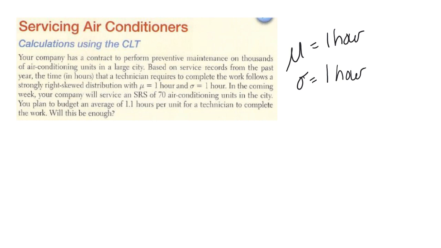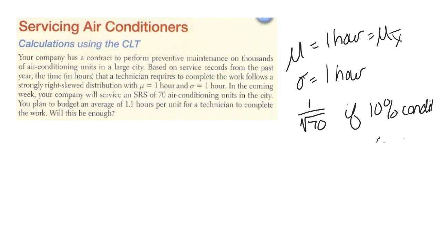Based on what we know here, our sampling distribution mean should be the same as our population mean. There's an SRS of 70 air conditioning units taken in the city, so our standard deviation here would be 1 over the square root of 70 if our 10% conditions are met.